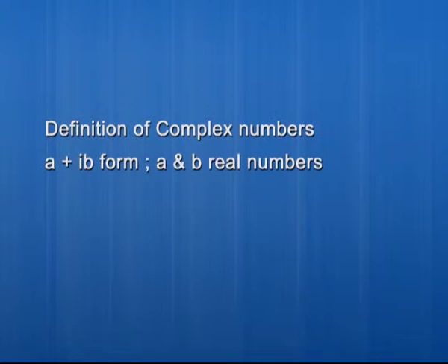In fact, I can say that i cannot be real, and if i cannot be real, then their sum cannot be defined, and that's why we cannot say that a plus ib will be a real number, and so we gave it a different name, complex numbers.